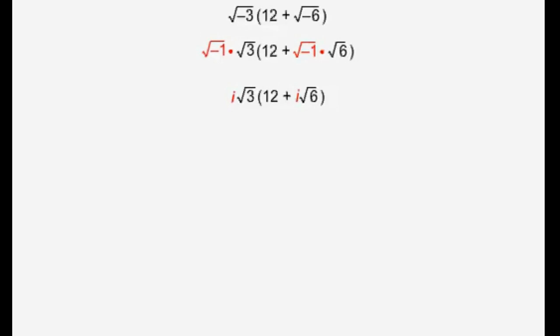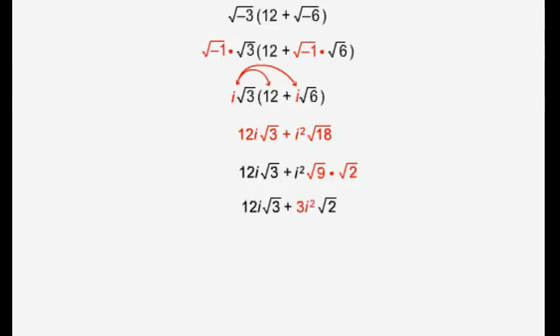Now distribute the imaginary number outside the radical. Distributing the imaginary number requires multiplying both i and the radical by each part of the complex number within the parentheses. Next, simplify the radicands where possible. Finally, substitute negative 1 for i squared.